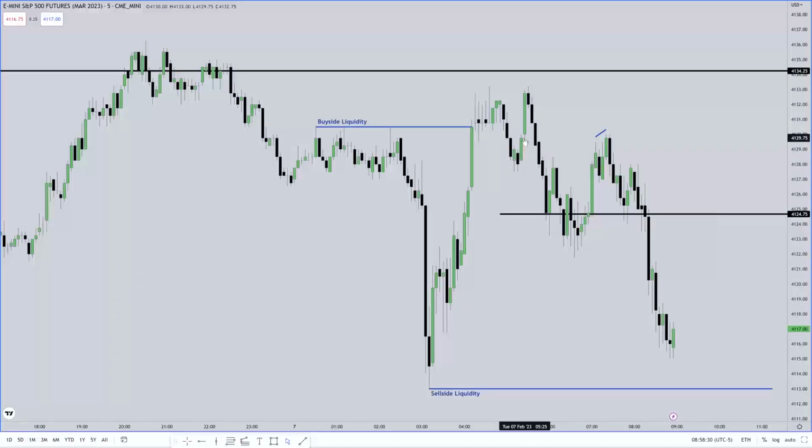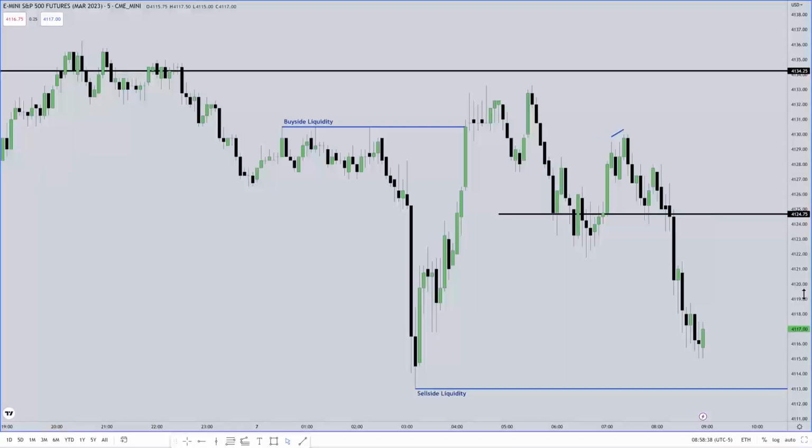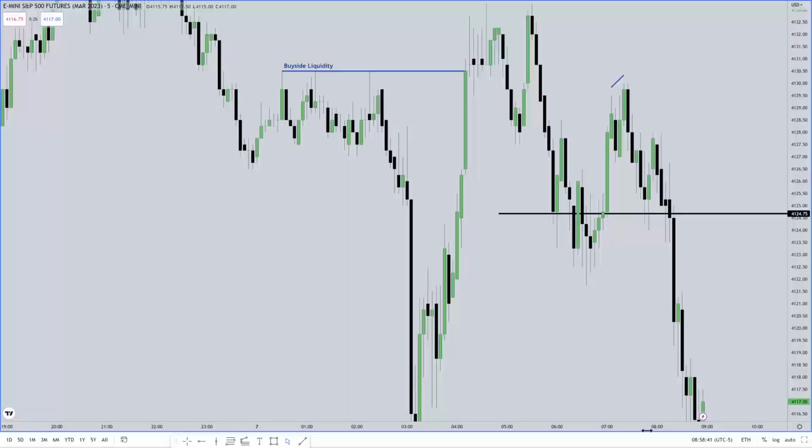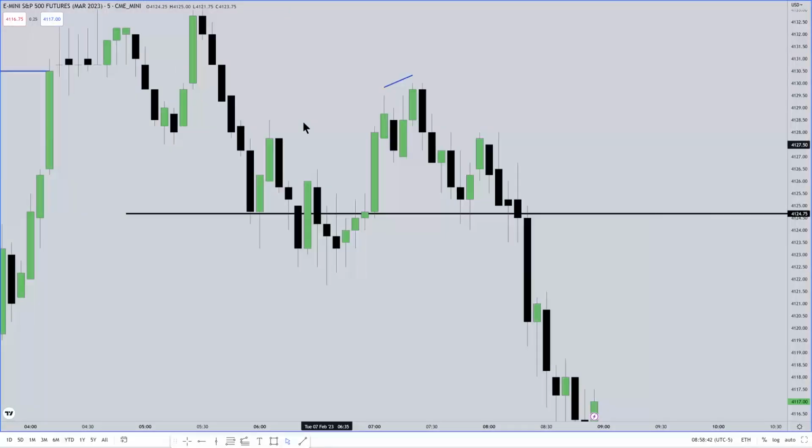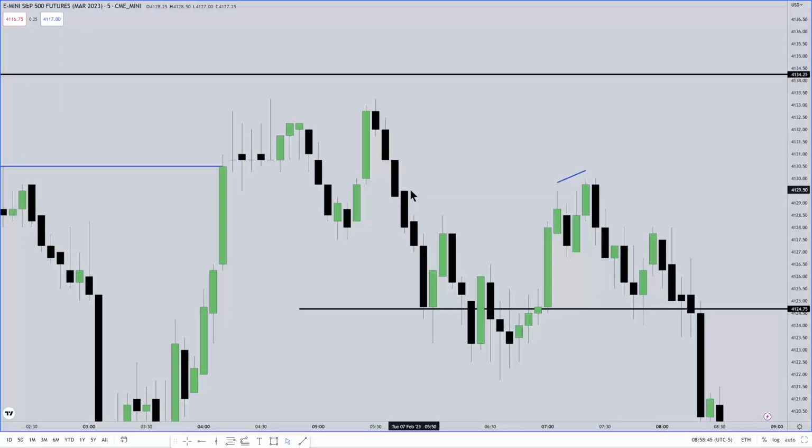The wicks overlap. See how it has a small little wick right here? I know there's probably a shortcut to do this, and you guys are saying, if you would just do this, ICT. There's a small little wick here and a small little wick right here.